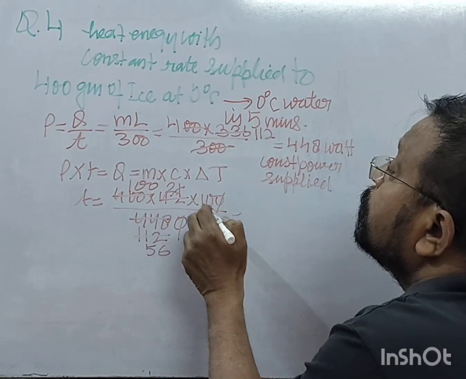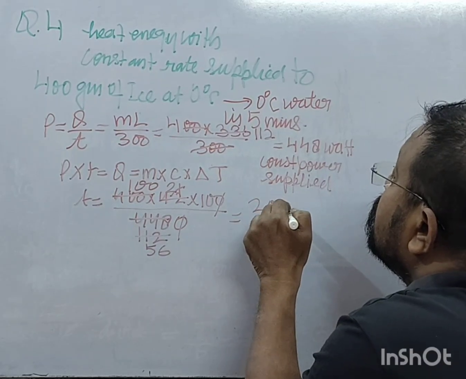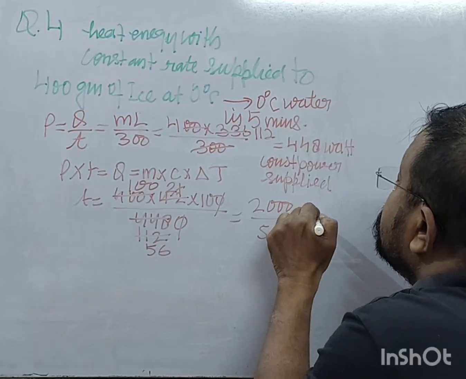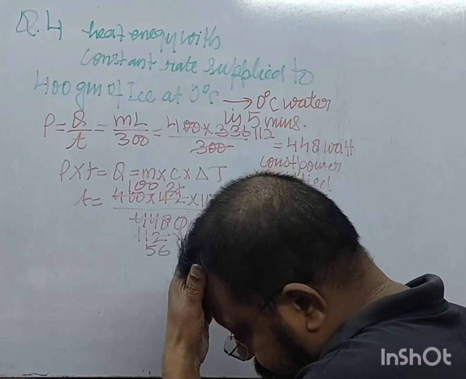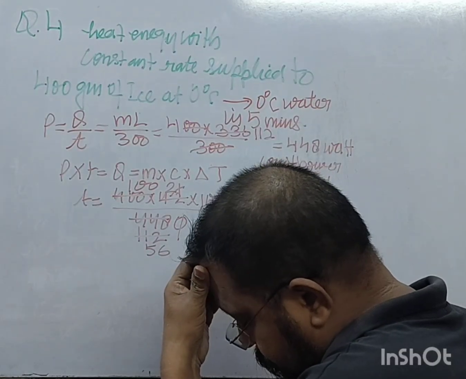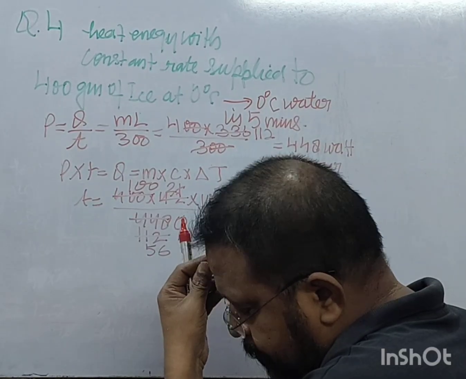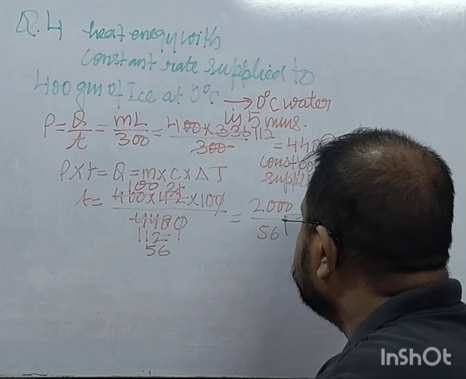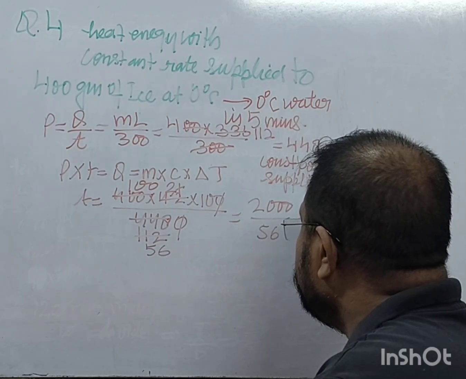So it is how much? 2000 upon 56 seconds. 60 seconds is equal to 1 minute.